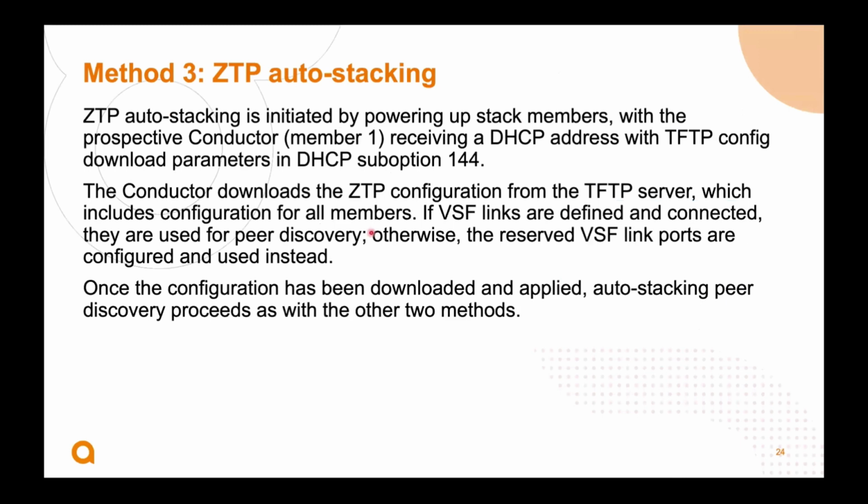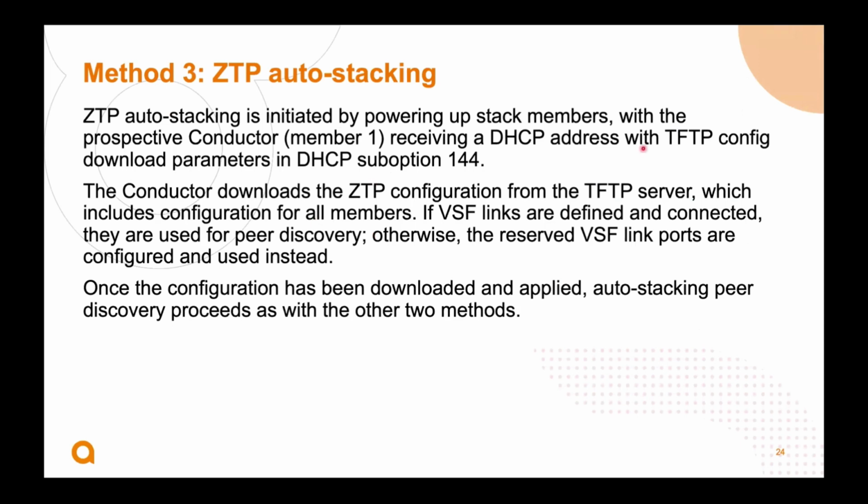So to start auto stacking, once you have your DHCP options defined and configured on the DHCP server, you rack stack, cable up your stack members, power them up, and then you plug your conductor into the management network so it can get its DHCP address from that DHCP server with the options defined.